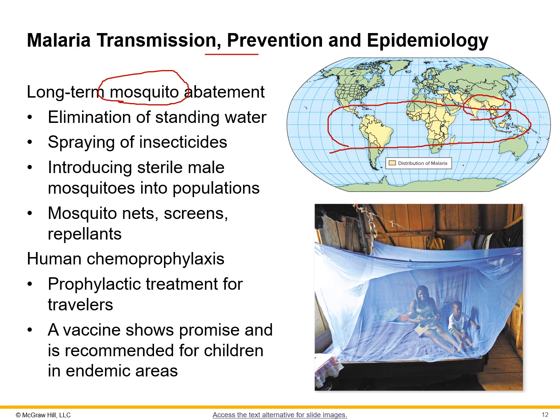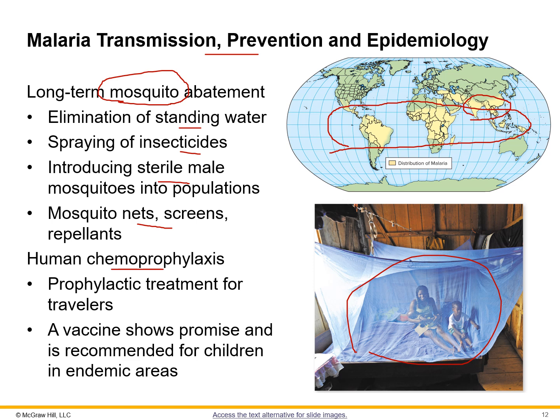So working with the mosquitoes, getting rid of standing water that they prefer, using insecticides, and introducing sterile male mosquitoes into the population can decrease the overall population. Using nets that we see down here, screens and repellents, as well as looking at human traveling.